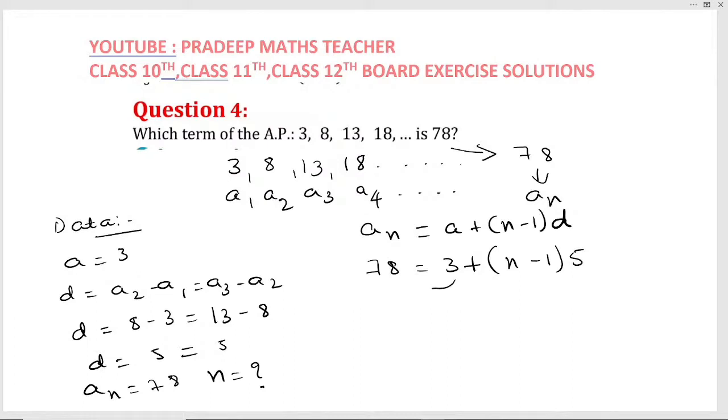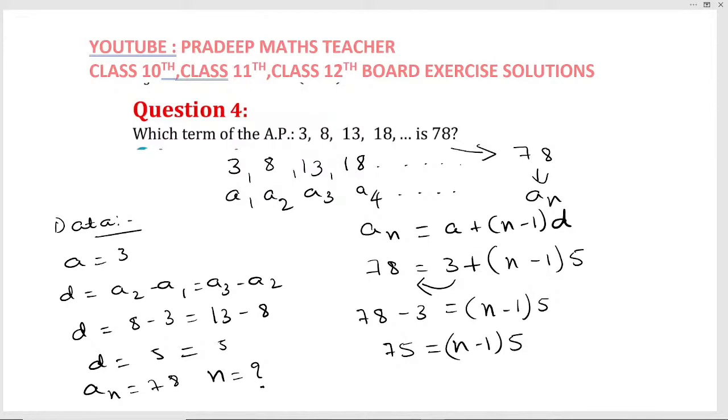Now send the 3 to the left hand side, so 78 will be there. If you send 3 to the left hand side, it will become minus 3 because plus 3 is there. So 78 minus 3 equals N minus 1 into 5. Now 78 minus 3 is 75 equals N minus 1 into 5.